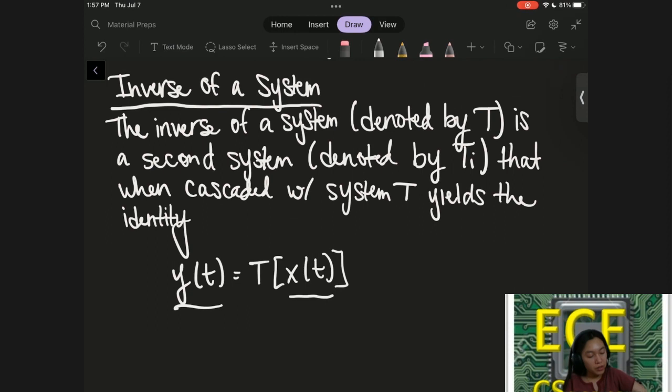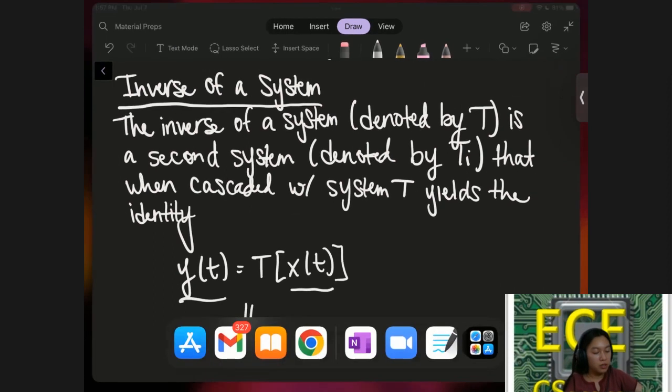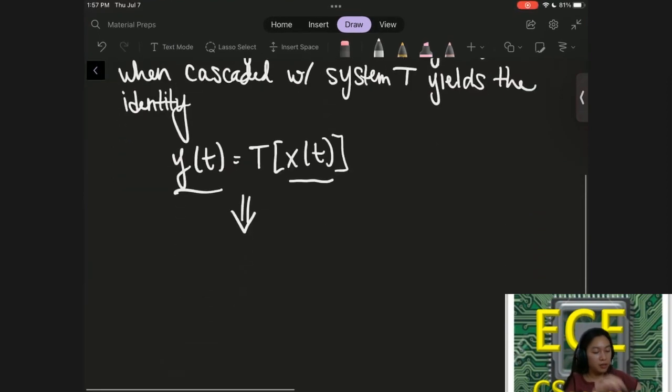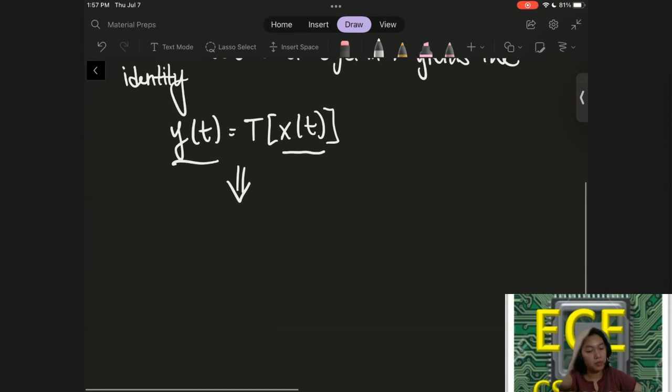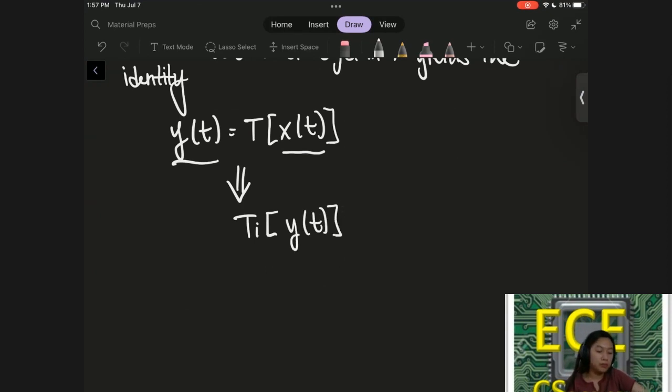So if it's invertible, there exists another system, T inverse, that when you apply it to the output of T, which is y of t, it outputs x of t. So basically, we're able to switch inputs and outputs using the inverse system.